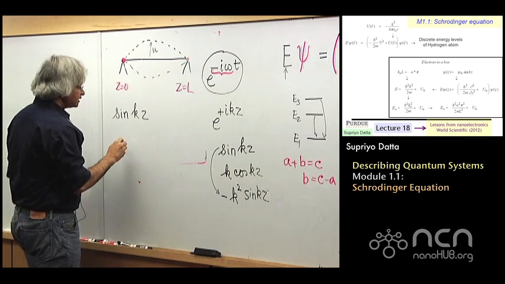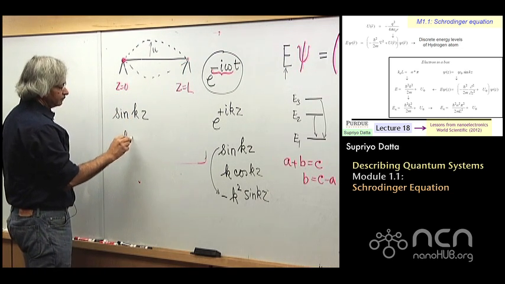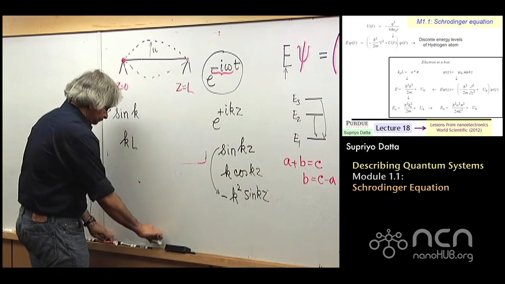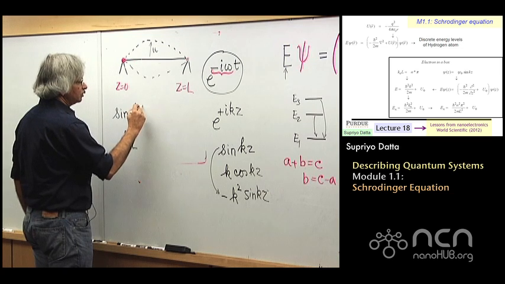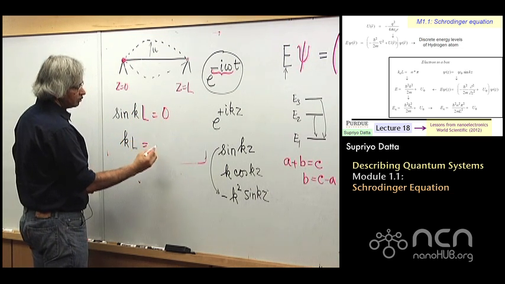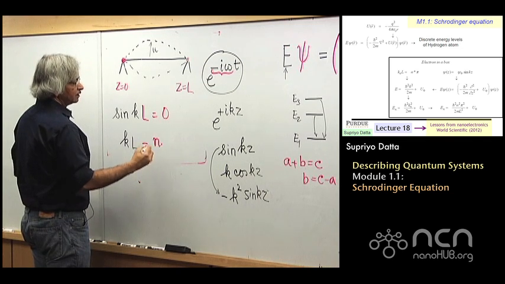So what that tells me is that sine KL must be equal to 0. So that tells me that KL must be equal to some integer times pi.